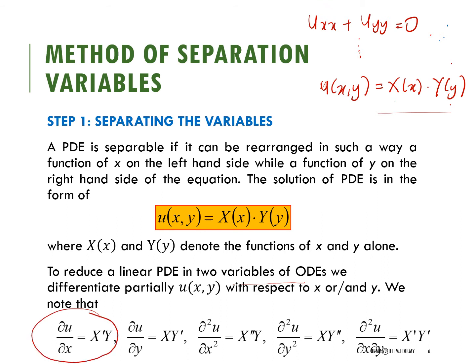We can write del u del x equal to X prime Y, because del u del x means we differentiate u partially with respect to x.